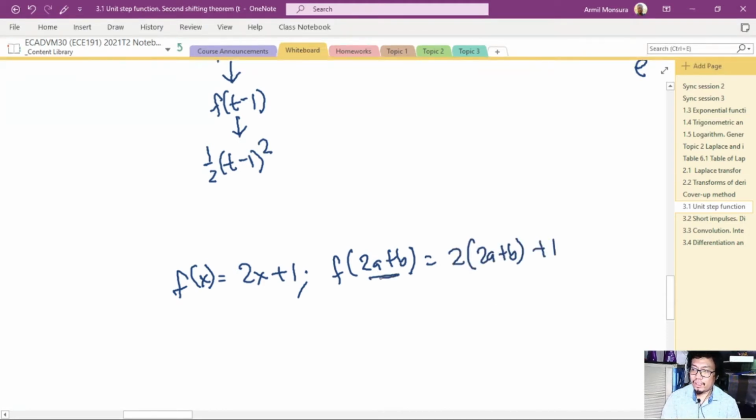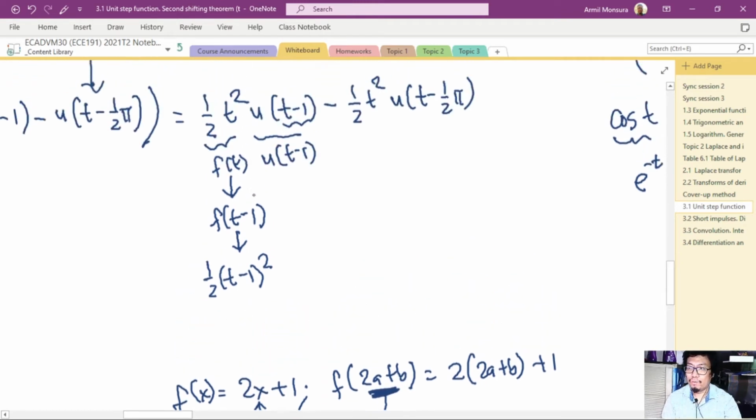Whatever the independent variable becomes in a function notation, you replace that independent variable with whatever that is here. So for f of t minus 1, we will have to change this t here with t minus 1. So that becomes this one. So we multiply it again with u of t minus 1.